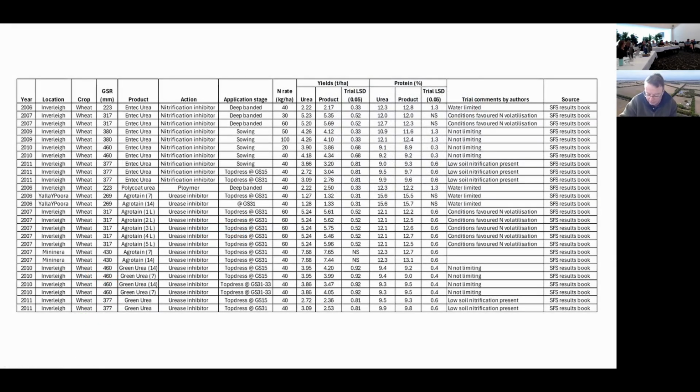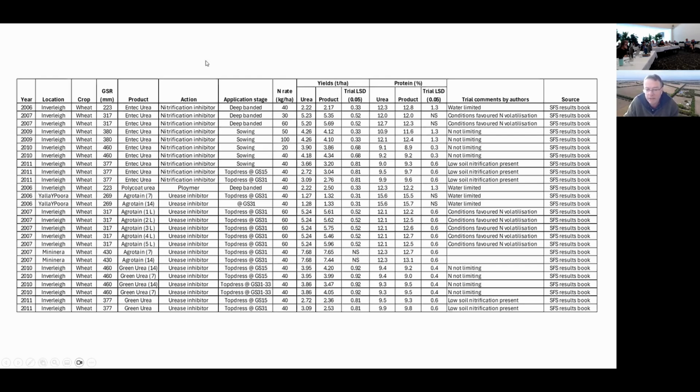Just one other thing, Em, if we can, before we go for a break, is that I've just put this last table up here. It's on page 13. It's called Appendix 3. I've reached out to a number of the farming systems groups, and I said, have you done any work with any of these either nitrification, urease or polymer products over the years?